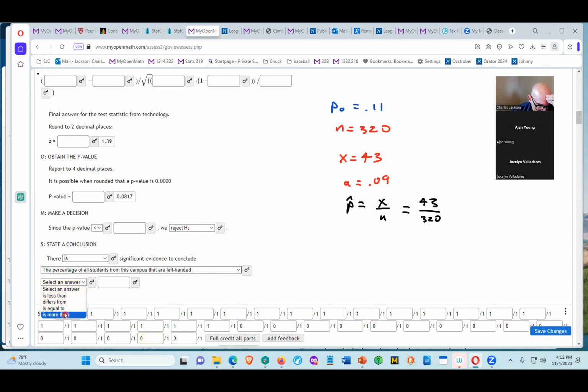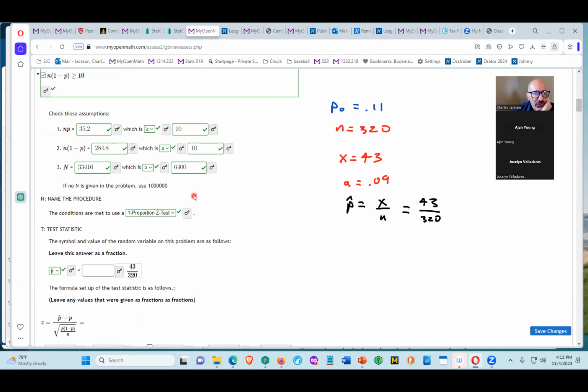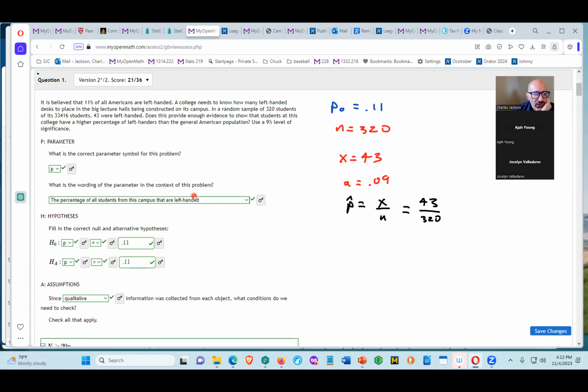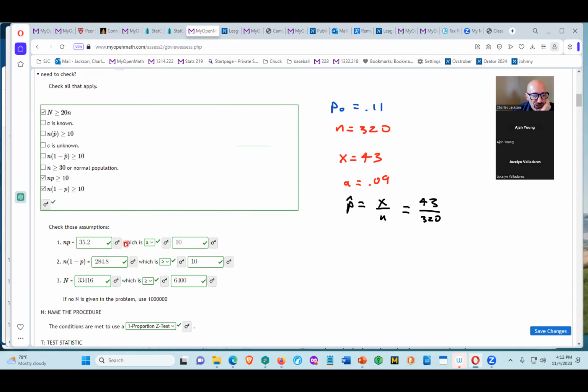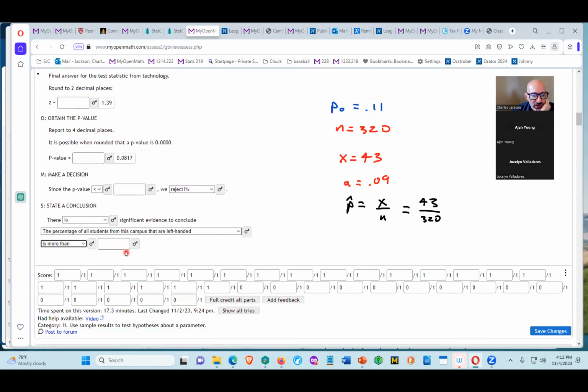No, is more than, because the alternative was strictly greater than. The alternative is strictly greater than. There. So it is more than the 0.11.